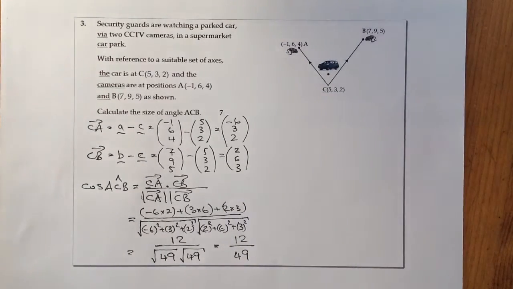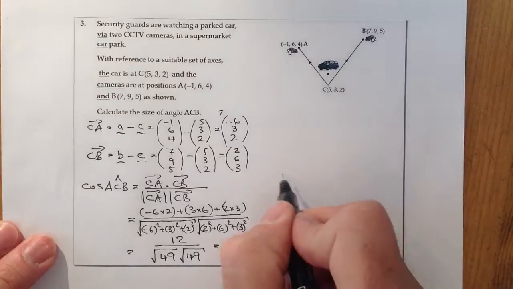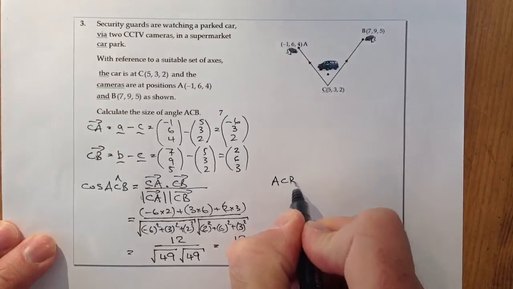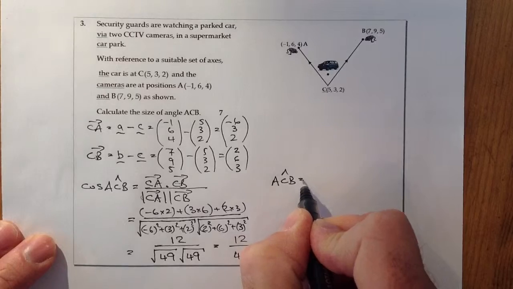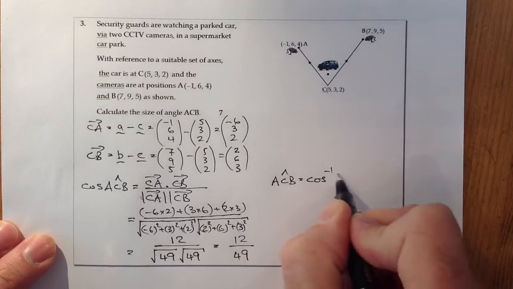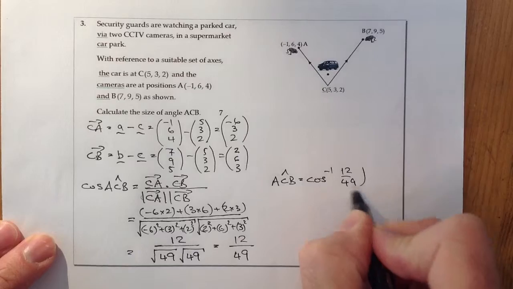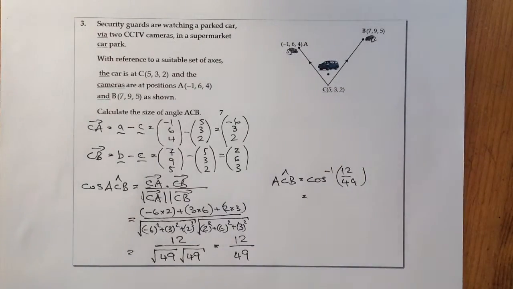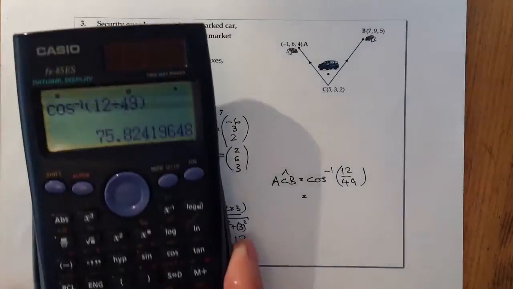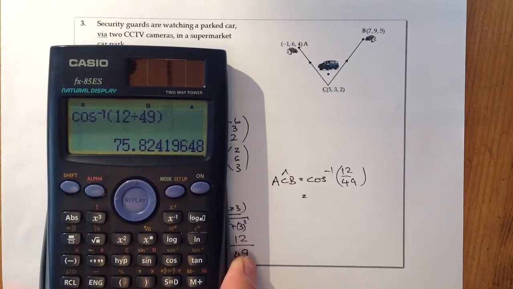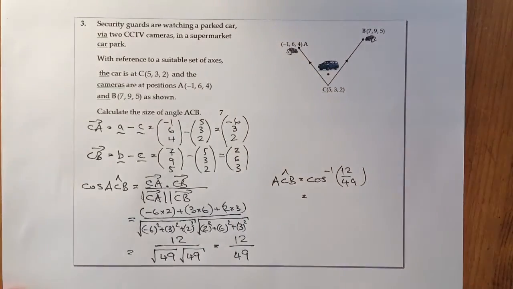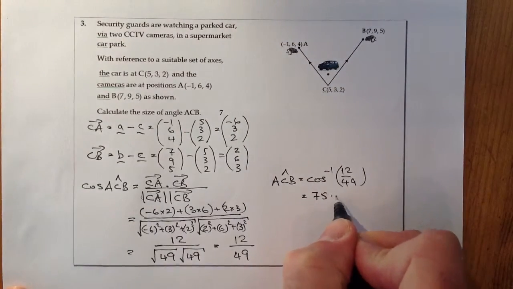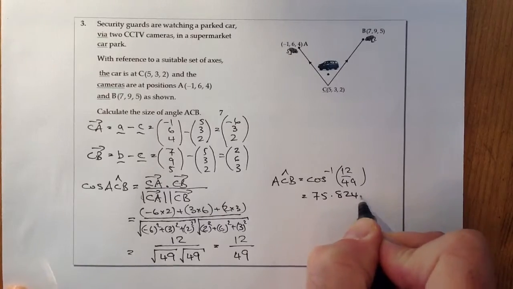To work out the angle ACB, all I need to do is take the inverse cosine of 12 over 49, putting it into the calculator, and that works out to be 75.824 degrees.